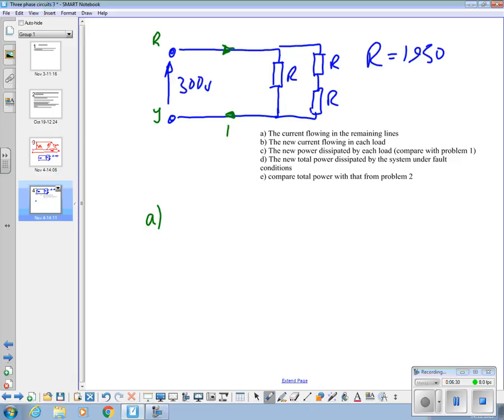So if we call this I yellow and I red, we can simply make the statement I yellow is equal to I red, because that's a simple network.